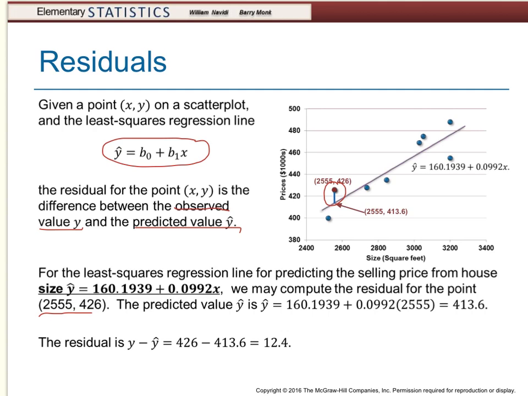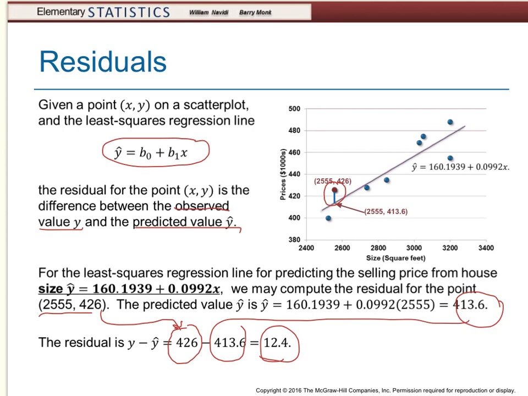The predicted value y hat is 413. So the residual is the actual value of y minus y hat. So the residual is 12.4. That's the distance from the point to the line.